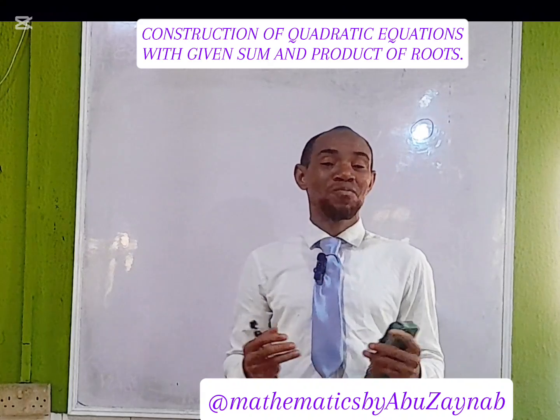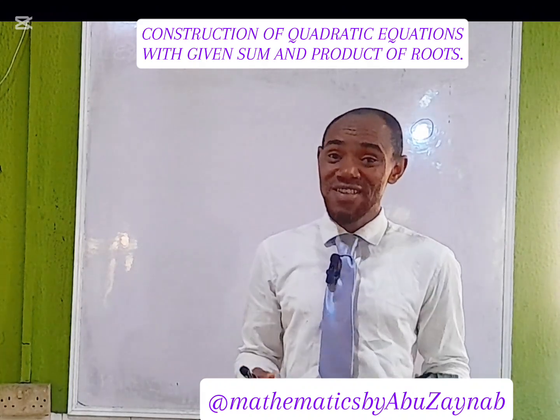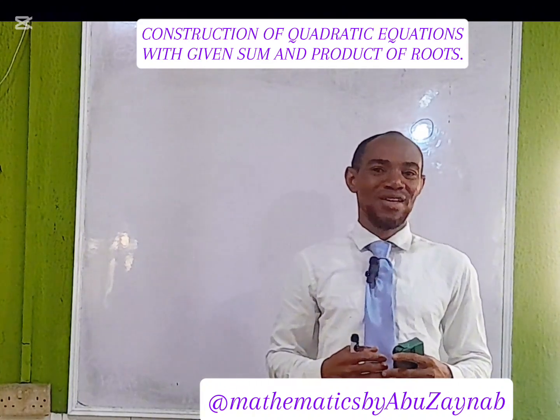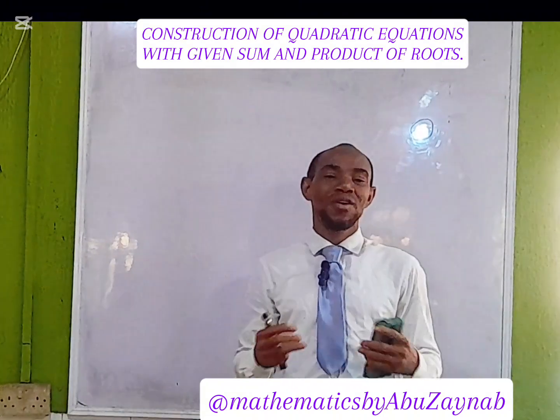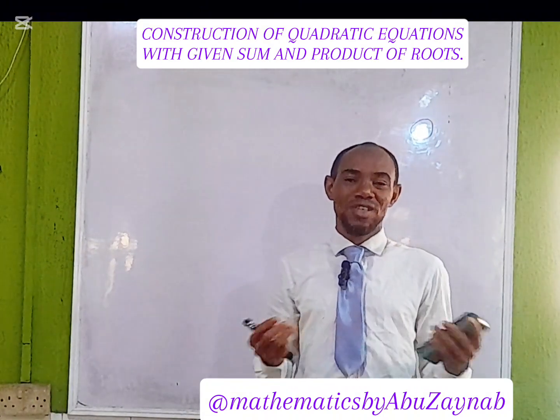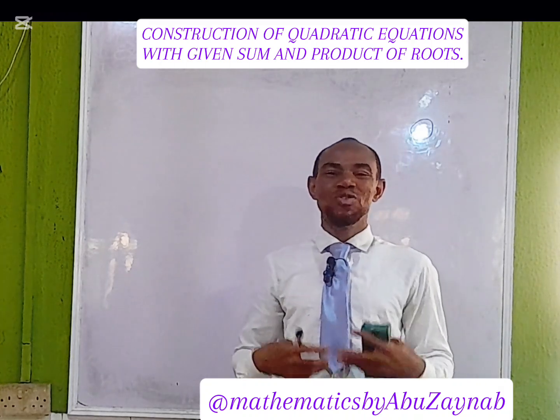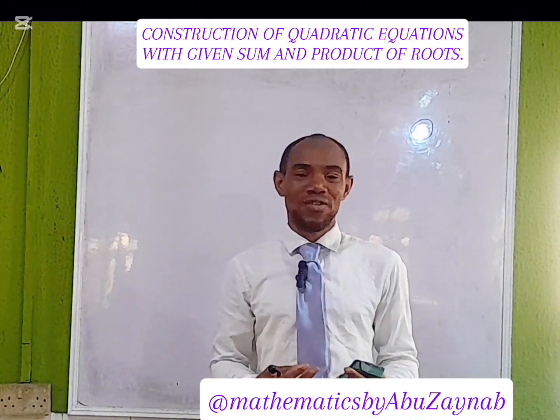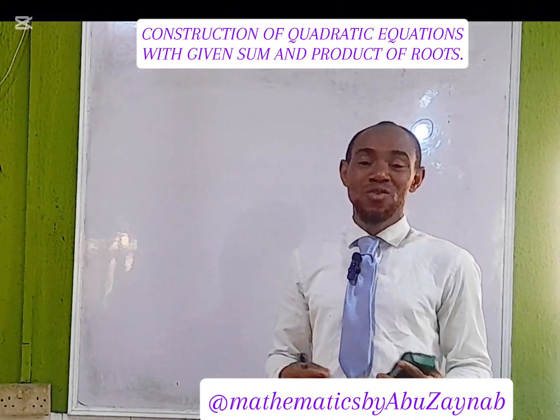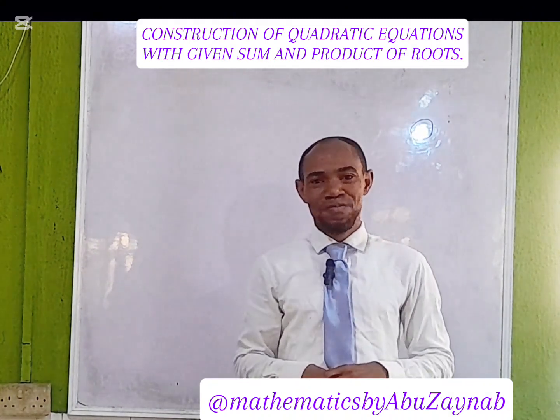So this class, which promises to be interesting, exciting, and fun, most importantly, is a continuation of our topic, Quadratic Equation, the series. In our last lesson, we looked at how to form a quadratic equation with given roots.